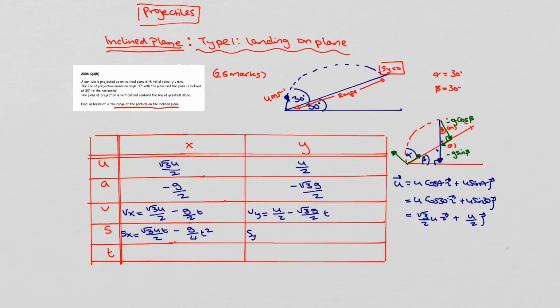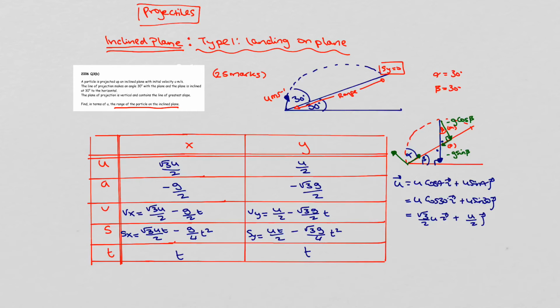And S in the y direction, again, is ut plus a half at squared. So don't forget, it's a half times root 3g over 2, so that you end up with root 3g over 4. And of course, times t squared.